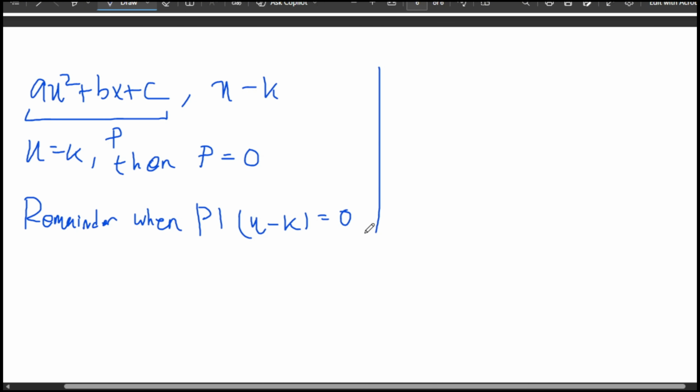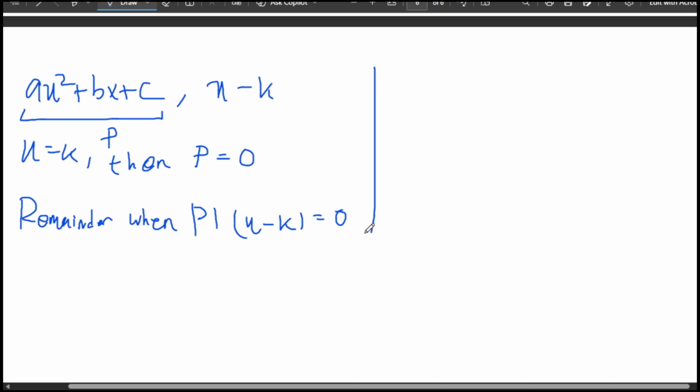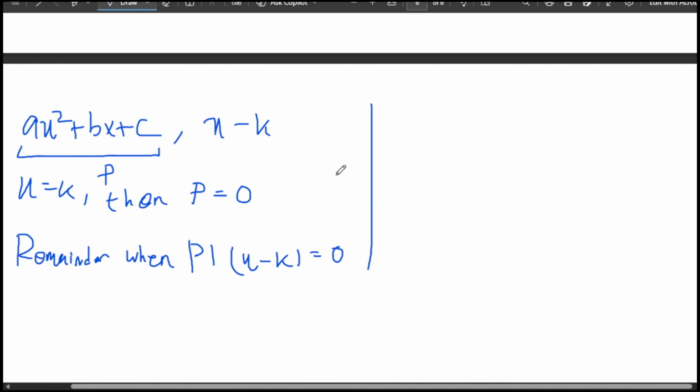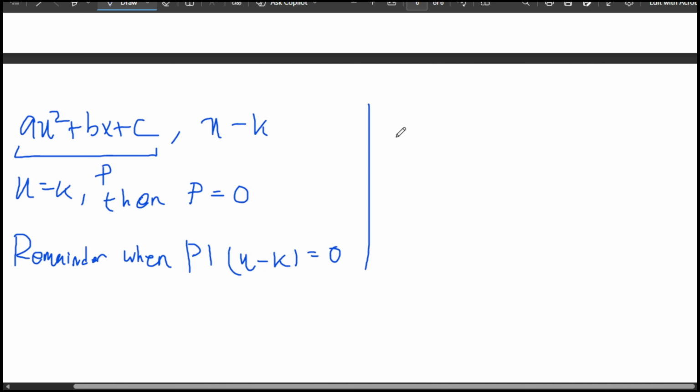So let us have an example. Let's say we have x squared plus 5x plus 6, and x equals negative 3 is a factor.